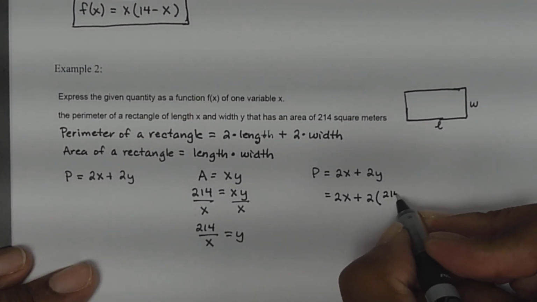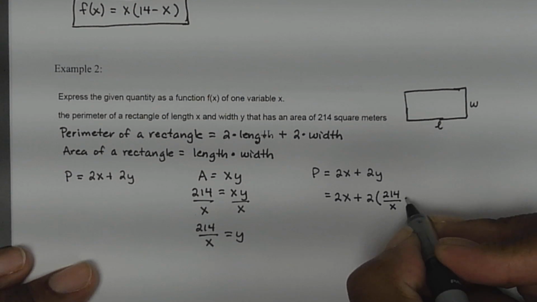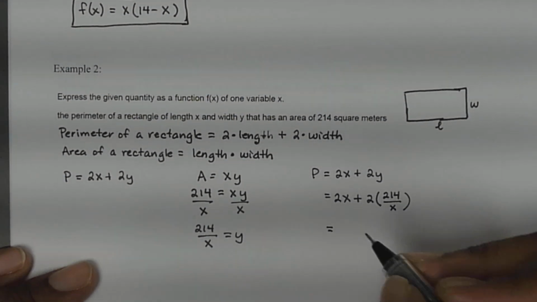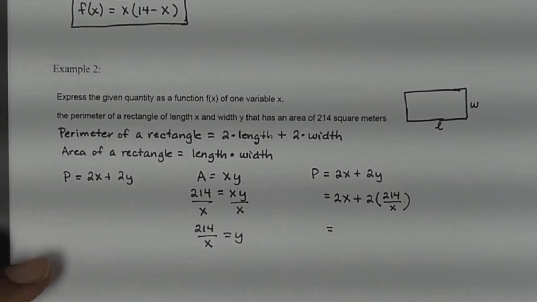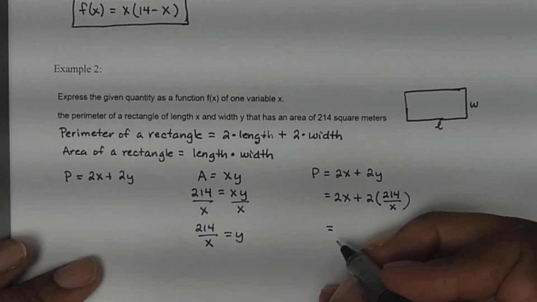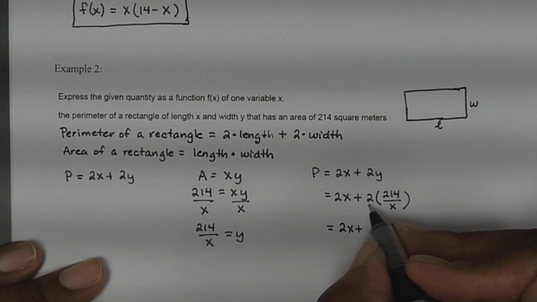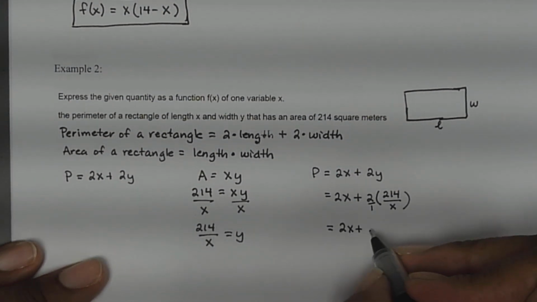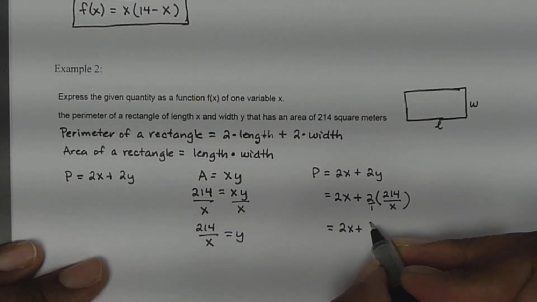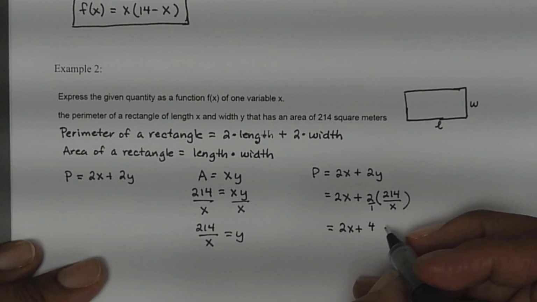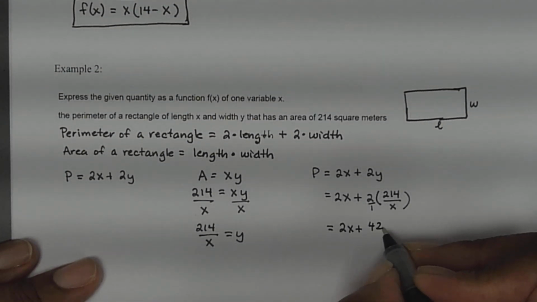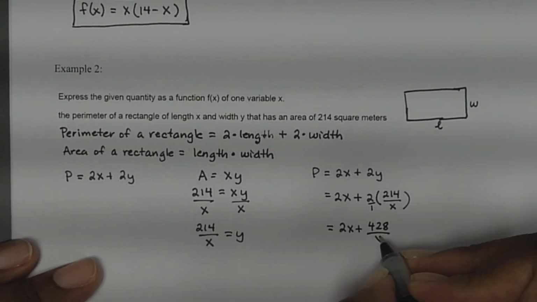So it'll be 2 times 214 over x. And then we'll simplify that. So that means I have 2x plus, and this is like 2 over 1 times 214 over x. 2 times 214 would be 428 over x.